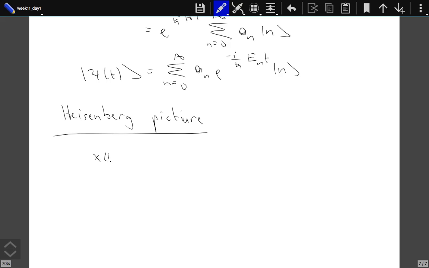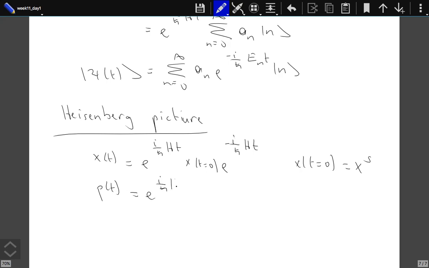It will depend on time, and it will be defined as e to the power i over ħ H t, x at t equal to 0, e to the power minus i over ħ H t. And x at t equal to 0 is what we call x in the Schrödinger picture. And similarly, p of t will be equal to e to the power i over ħ H t, p at t equal to 0, e to the power minus i over ħ H t.